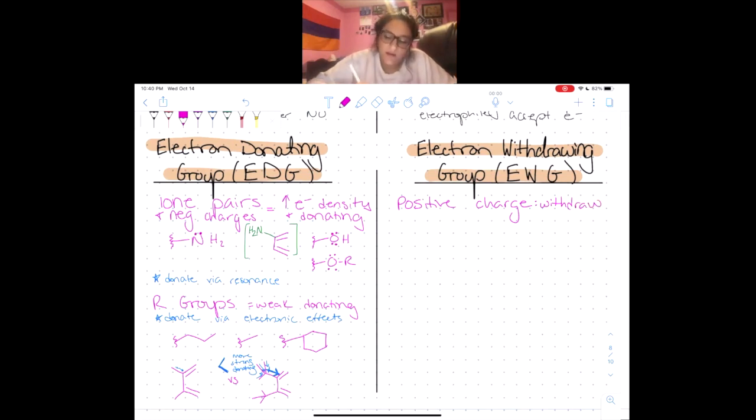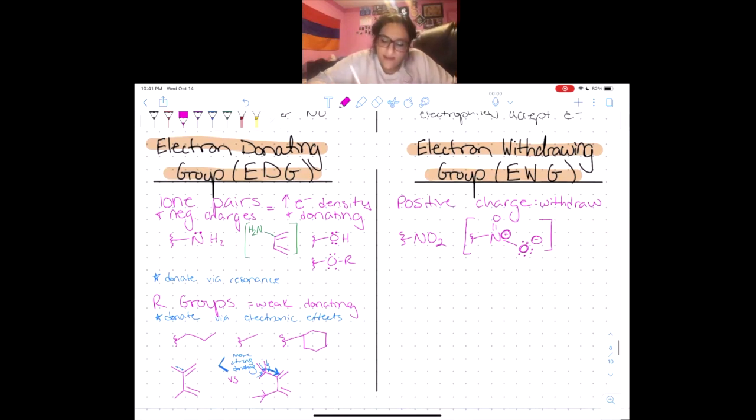One example of a positive charge is NO2, and the reason that is a positive charge is because it would connect like so. Our nitrogen will have a positive charge, and one of our oxygens will have a negative charge, and so that will be a strong withdrawing group. And pretty much anything else with a positive charge.